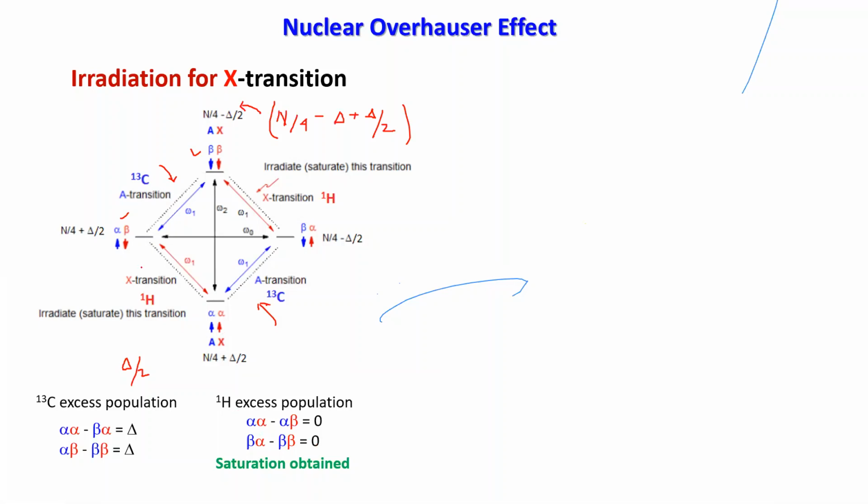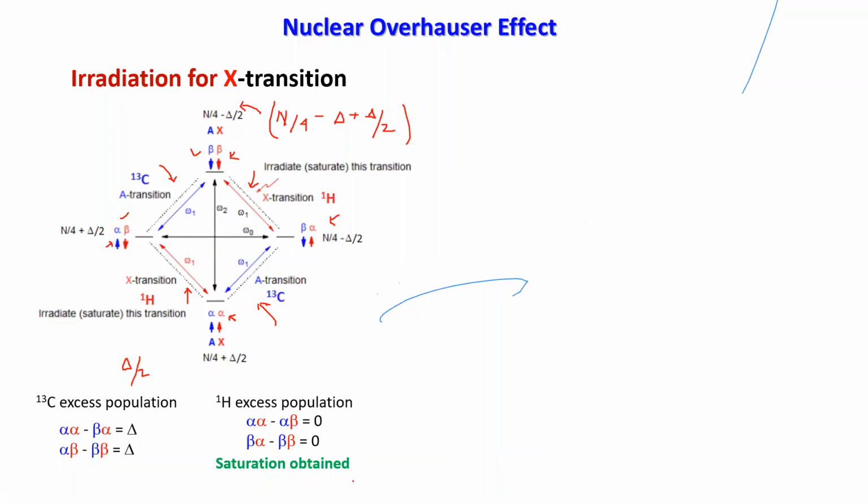This transition and this transition are the proton transitions. So the excess population, if you calculate alpha alpha minus alpha beta, you have the same value, so it will be 0. Similarly, here beta alpha minus beta beta, you have the same value, so the excess will be 0.